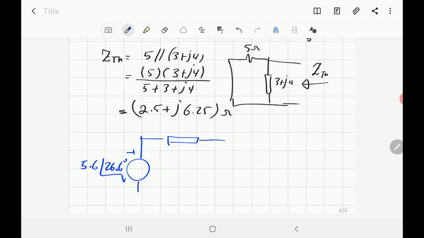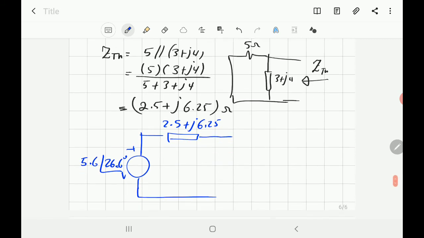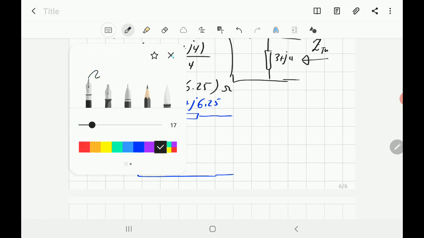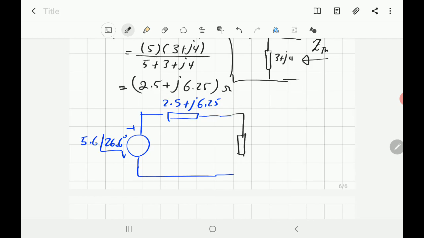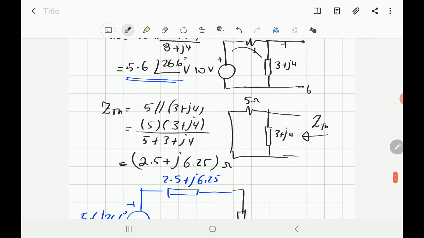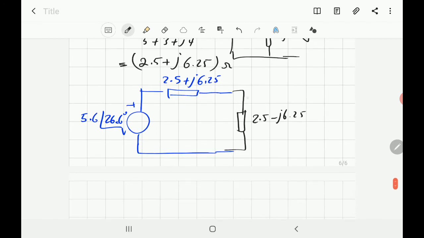And we found Z Thevenin, that's Z Thevenin, 2.5 plus j6.25. And now we're going to add the load. The load was given there, 2.5 minus j6.25.